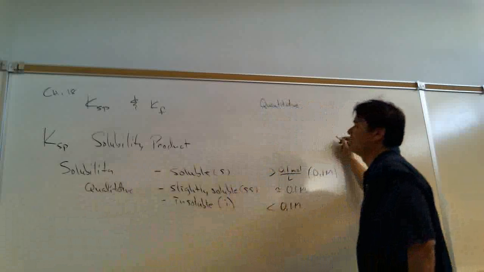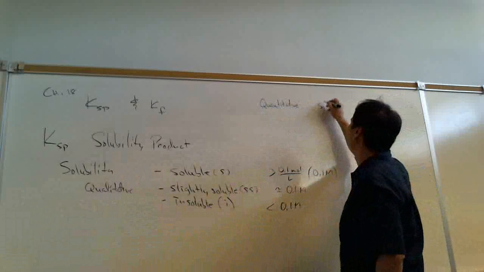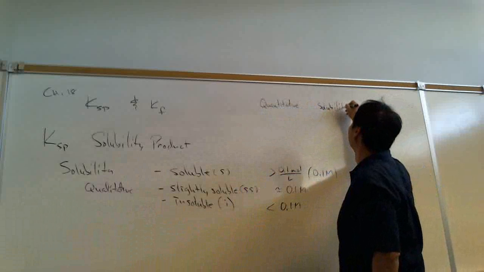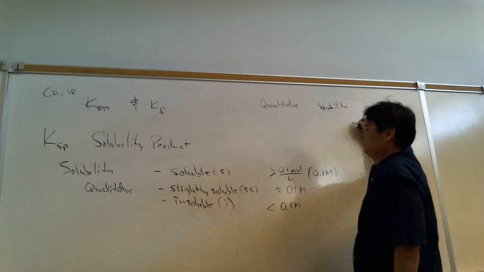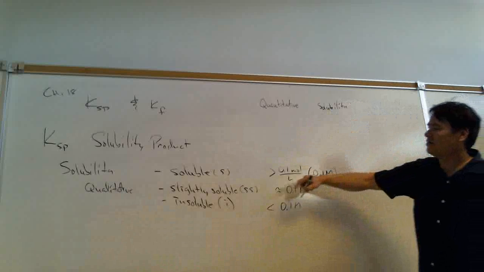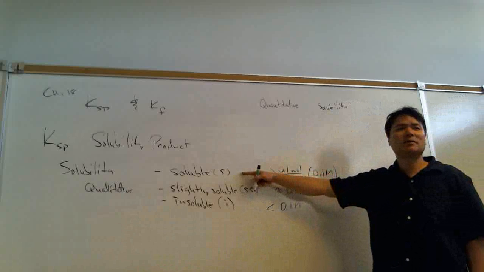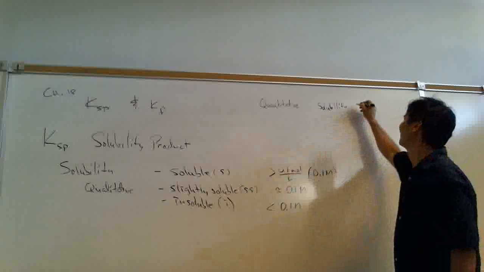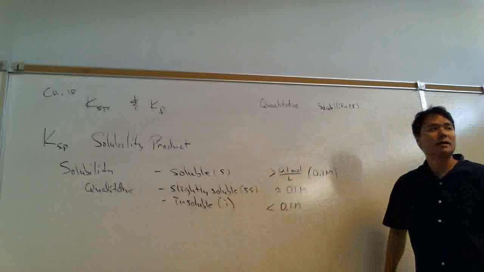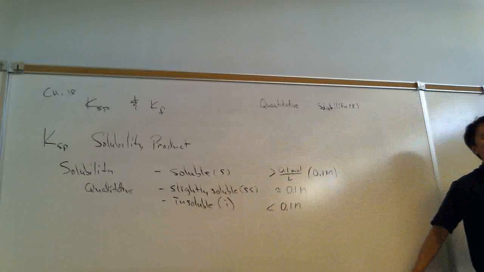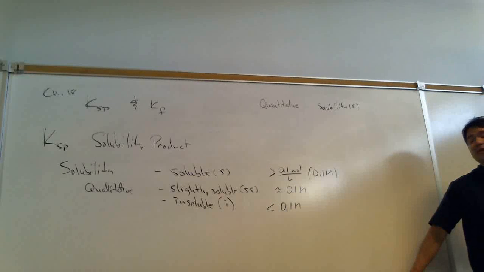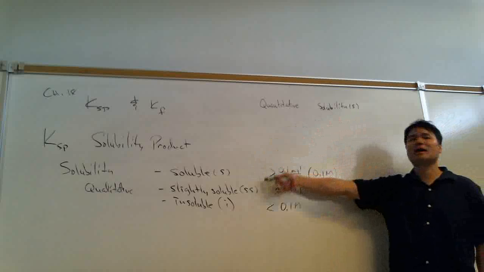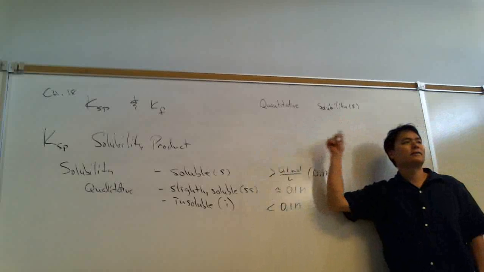In the quantitative definition, solubility is given the symbol S. We don't want to use S because we already used it for soluble, right? But we're going to use S again. It has a slightly different definition here, and so it depends on what context you're talking about. S in the context of chapter 18 problems means this S, not that S. So the two different S's.